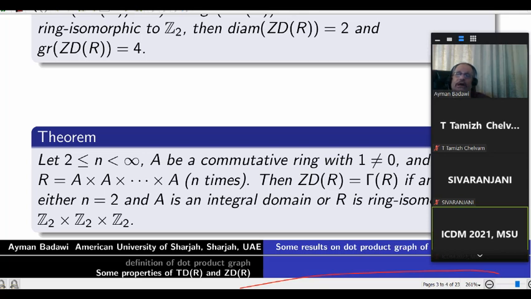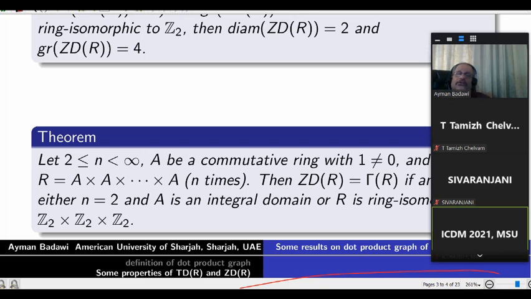If A is a commutative ring with 1 and R is n copies of A, then the zero dot product graph is equal to the classical zero divisor graph if and only if either n equals 2 and A is an integral domain, or R is ring isomorphic to three copies of Z2, Z2 cross Z2 cross Z2.